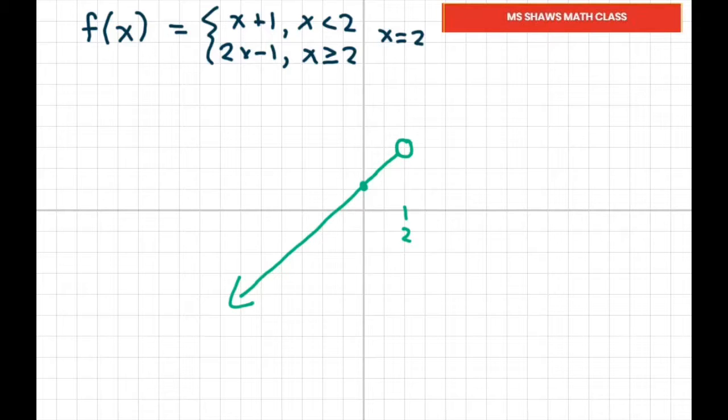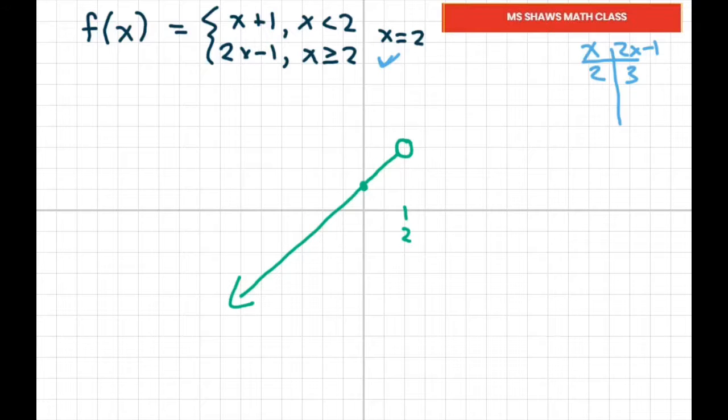Now, for all the numbers to the right of 2, we have 2x minus 1. At 2, you plug in 2, it can equal 2, so that's going to equal 3. If we do a little table here, this is our x, and this is our 2x minus 1. Plugging in 2, you get 3.